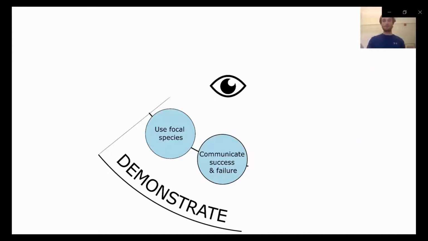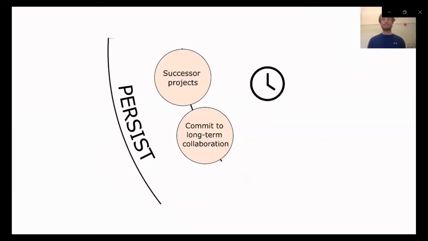And then to also show the locals, well, this is the result of the restoration project, and that helps to build their support as well. Using one particular focal species has helped as well, for example, a Lithuanian project that focused on this rare European songbird. So, lastly, it's important to persist in the local community, to have successor projects, so that it doesn't just stop.